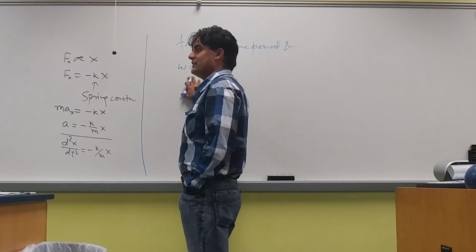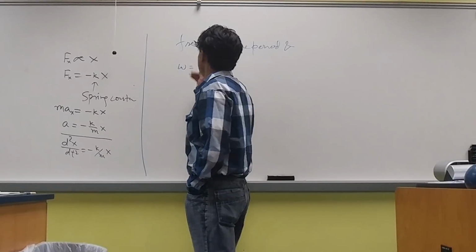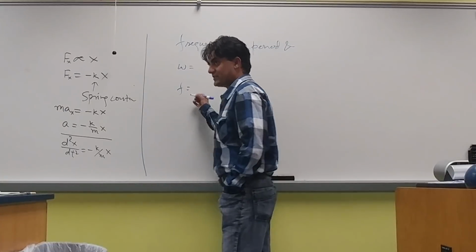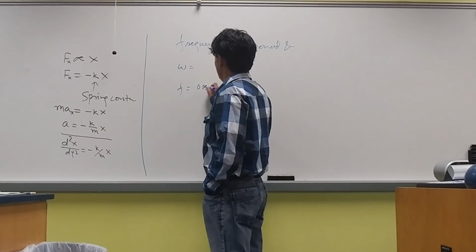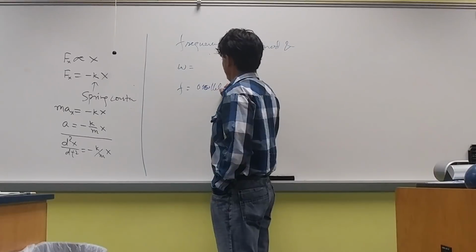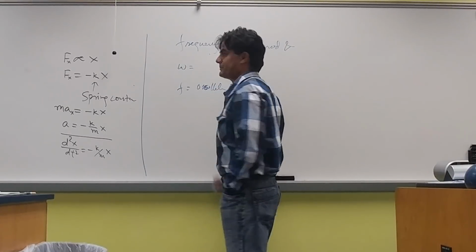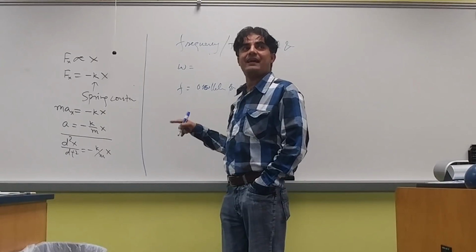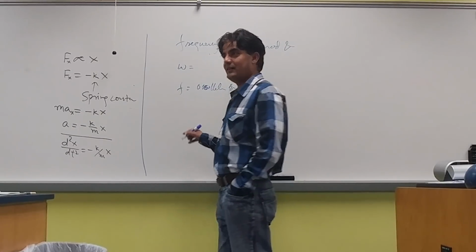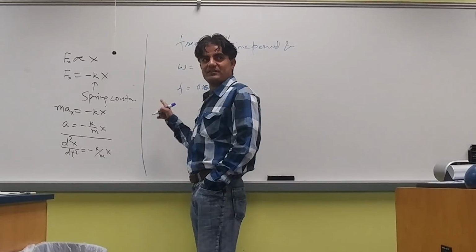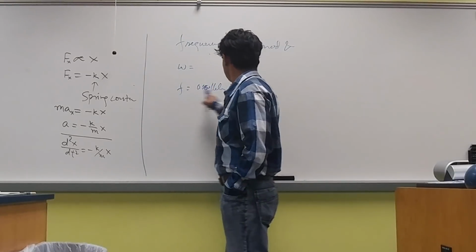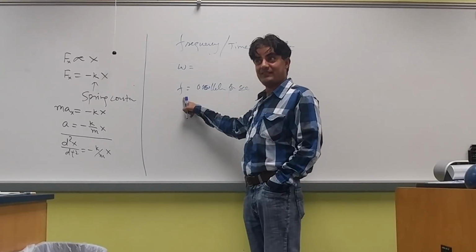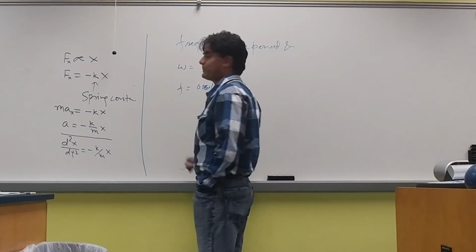In case of frequency, what is frequency, by the way? Oscillations per second, right? What is omega? Omega is 2 pi angle per second. So in 1 second, if there are f oscillations, then what will be your omega?